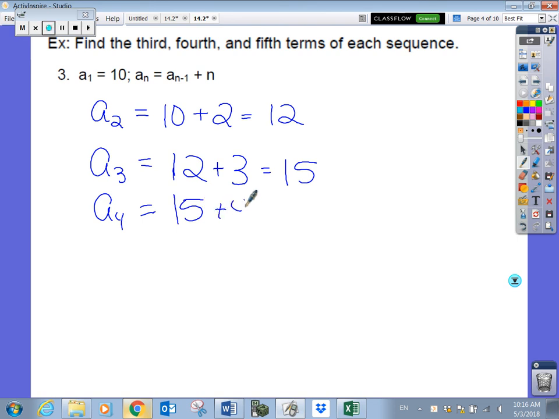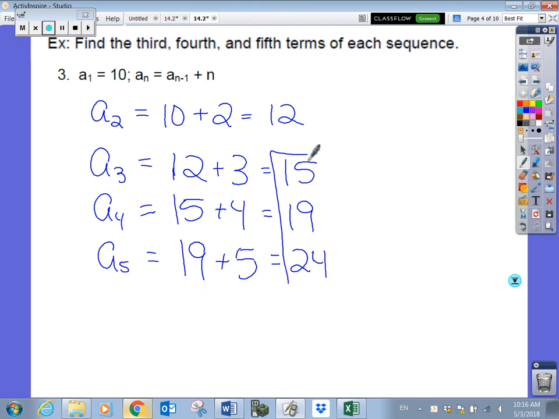Now n is 4. For the fifth term, we take the previous, 19, plus n. For the fifth term, n is equal to 5. You get 24. So there are your third, fourth, and fifth. So n is sometimes involved also, and we'll use that in a second when we write our own.